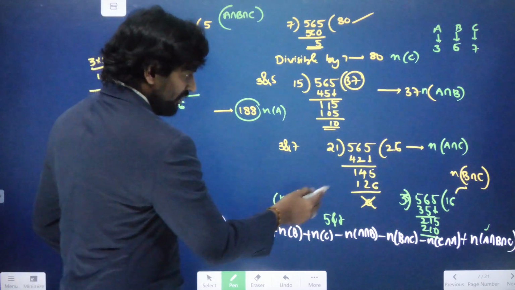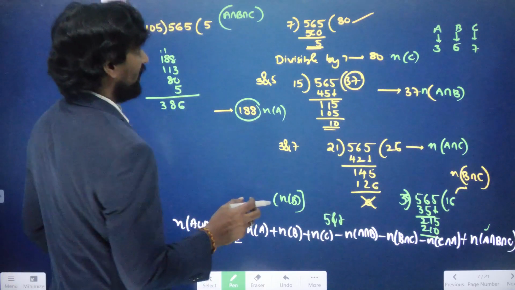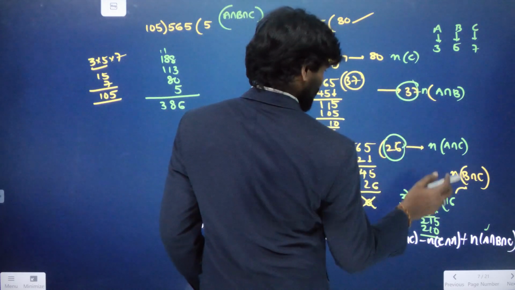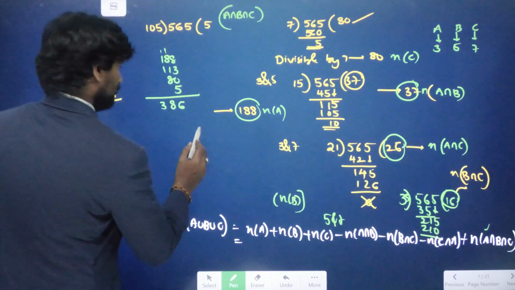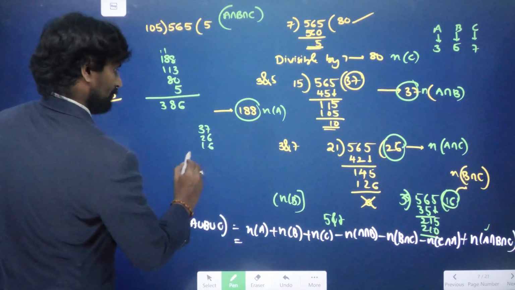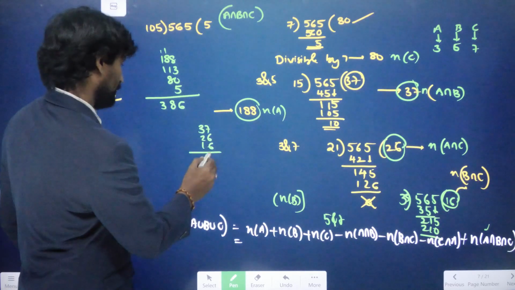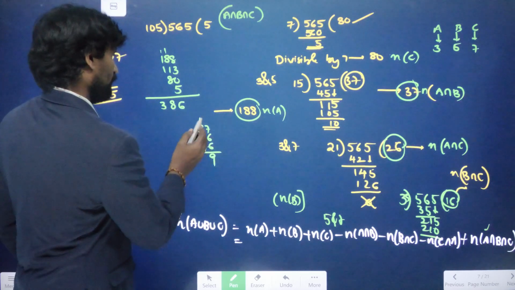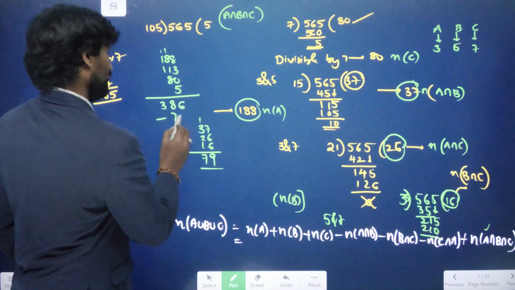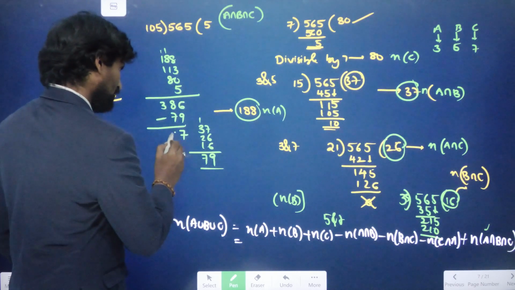Now the combinations: A intersection B is 37, B intersection C is 26, and the last one, C intersection A, is 16. Adding them gives 79. Subtracting 79 from 386 gives 307.